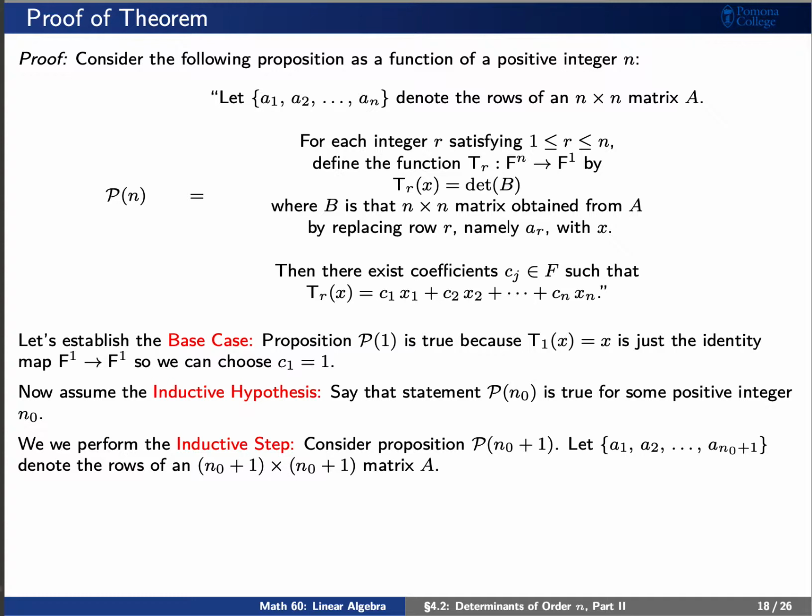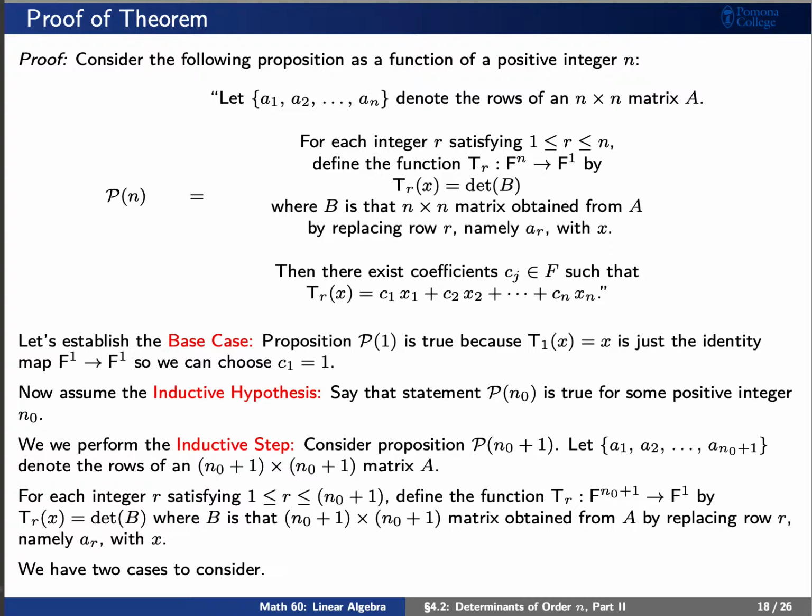Let's now say that a1, a2 through a sub n0 plus 1 are the rows of an n0 plus 1 by n0 plus 1 matrix A. Recall that for every integer r between 1 and n0 plus 1, we want to define this function T sub r, which is simply the determinant of the matrix B that we obtain from A by replacing row r with our vector x. For the rest of this proof, we're going to consider two cases.